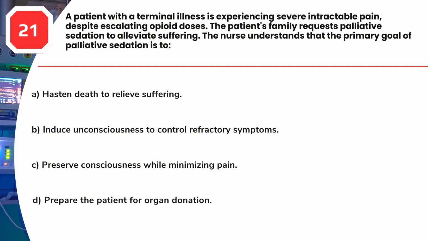Question 21. A patient with a terminal illness is experiencing severe intractable pain, despite escalating opioid doses. The patient's family requests palliative sedation to alleviate suffering. The nurse understands that the primary goal of palliative sedation is to A. Hasten death to relieve suffering.